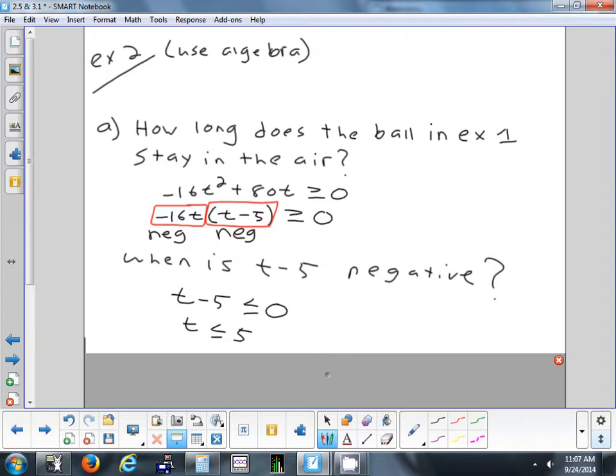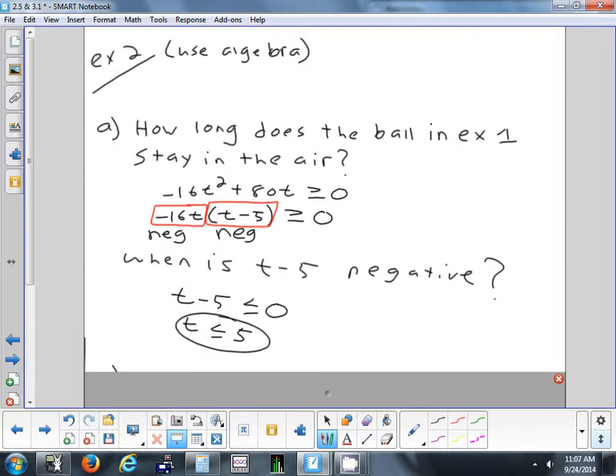Add 5 to each side, t is less than or equal to 5. So that means the object will be in the air for 5 seconds. Technically 4.9 repeating, and then once it hits 5 seconds, it's back on the ground. So the object is in the air for less than or equal to 5 seconds.